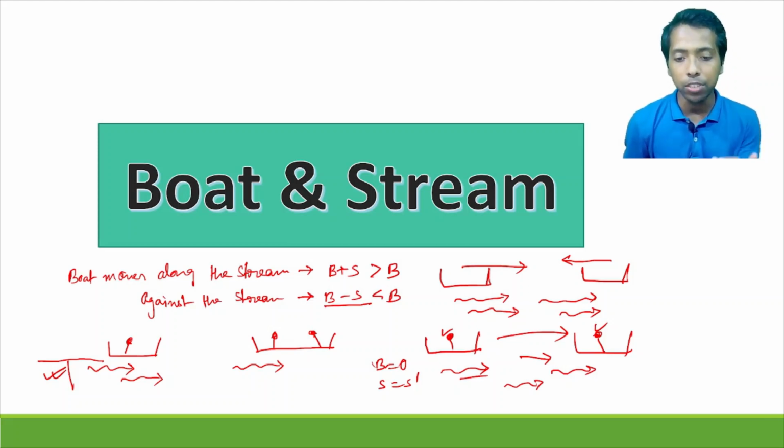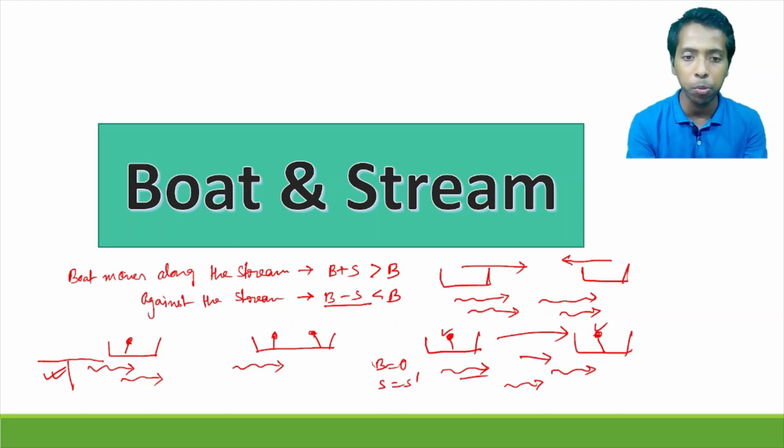If the boat is drifting away with the stream speed, at that time the boat speed can be 0, but if the boat wants to move against the stream, then the boat should have some speed, and that speed must definitely be greater than the stream speed. Otherwise the boat would not move forward but backward, right? I hope this is clear to you, and that's all for the basic understanding of the boats and stream concept.